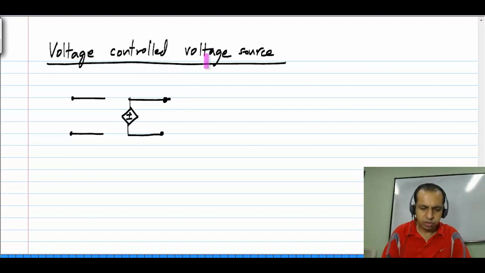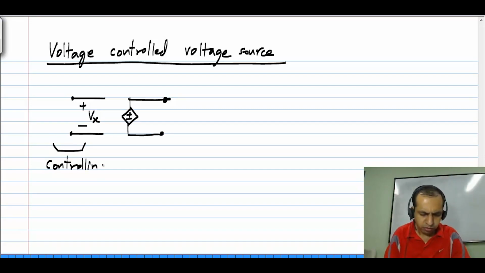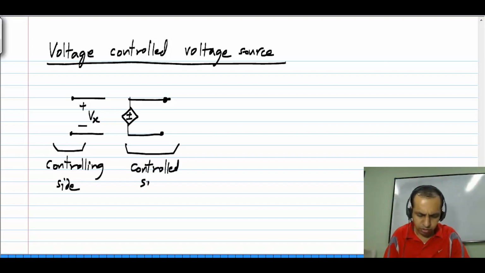So, what this means is that these are the controlling nodes, and let us say the voltage between these two is Vx. This is the controlling side, and this is the controlled side, and the voltage between these two is given by some k times Vx. This k is a property of the voltage controlled voltage source.